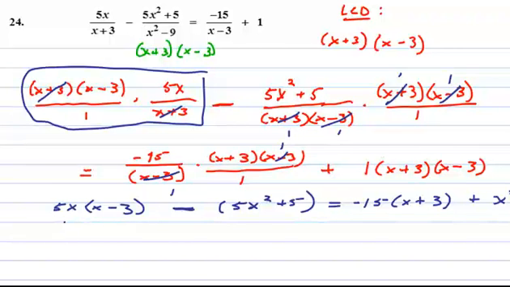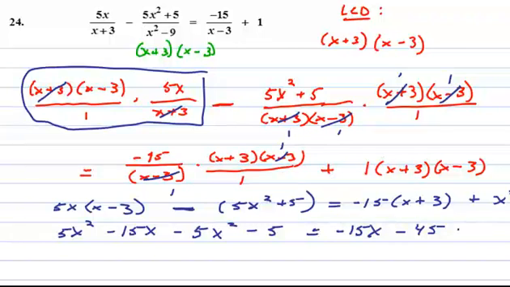Okay, so let's simplify each side. So we get 5x squared minus 15x. Let's distribute our negative, so we get negative 5x squared minus 5 equals, distribute negative 15, we get negative 15x minus 45 plus x squared minus 9.